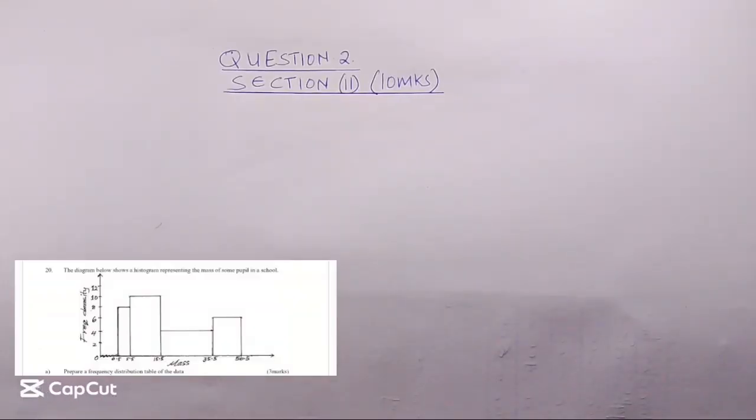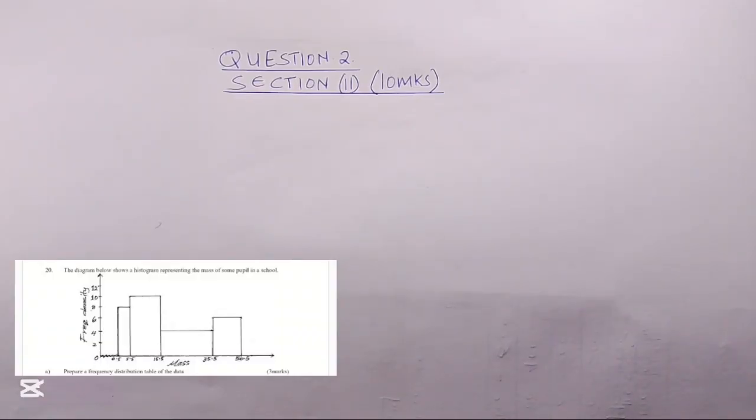So in question 2, the question is displayed on your screen. The question reads, the diagram below shows a histogram representing the mass of some people in a school. So you have a histogram there, and you can see it clearly.